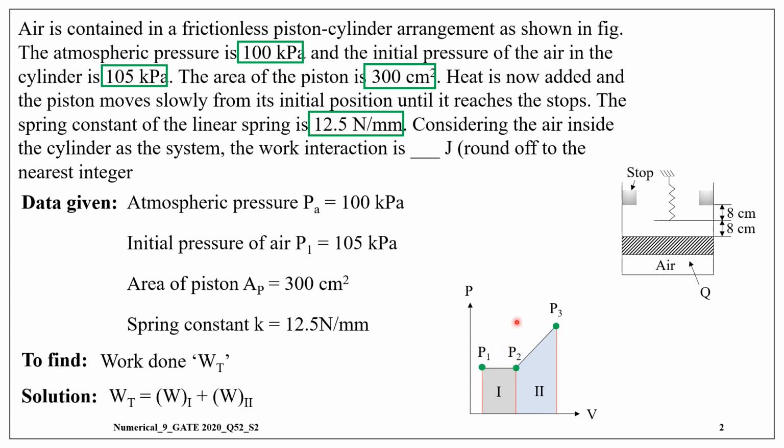That means P1 is equal to P2 is equal to P. In the second step, as the movement of the piston compresses the spring, it exerts a force which varies linearly.